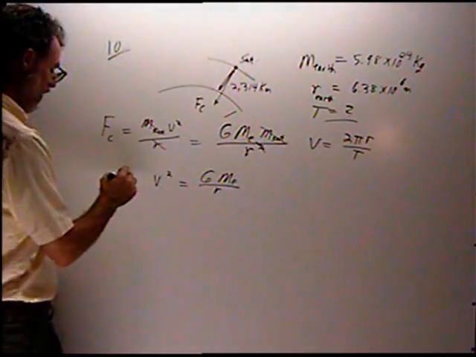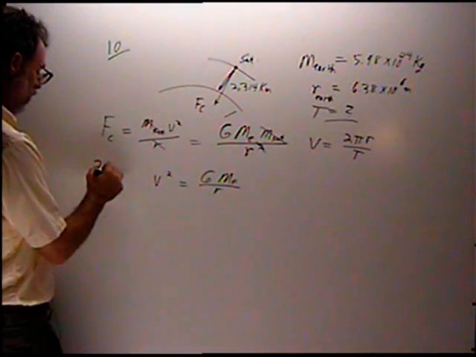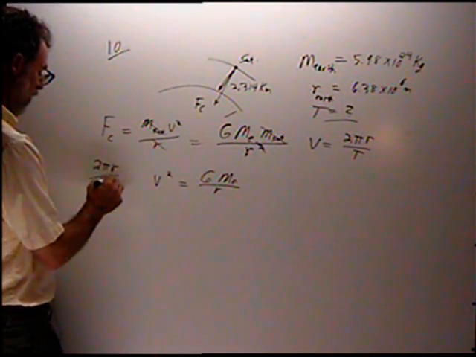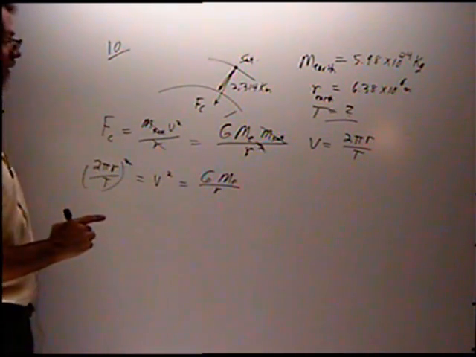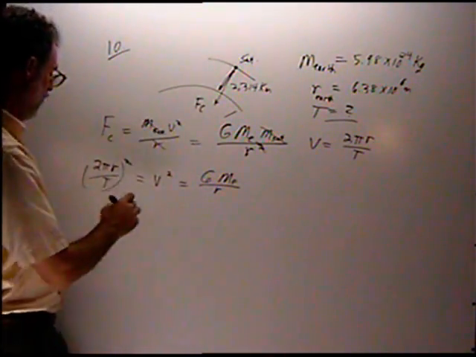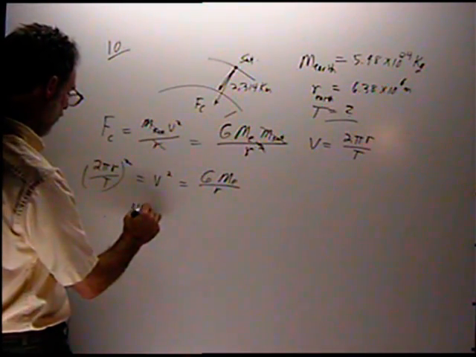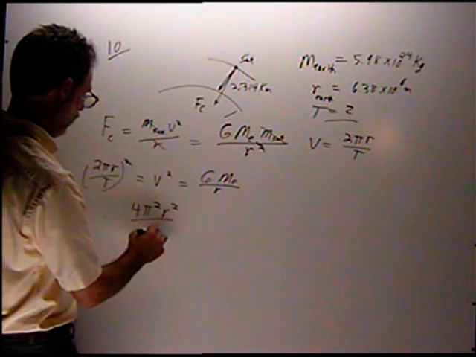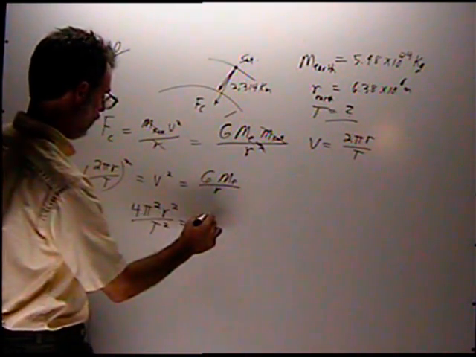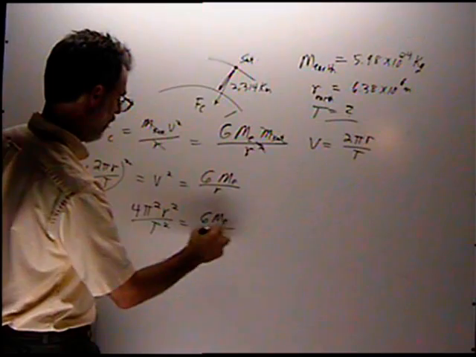So I can substitute that directly in, 2 pi r over the period, and I have to square that. Okay, and I want to solve for the period. So I have 4 pi squared r squared over T squared equals G M_e over r.